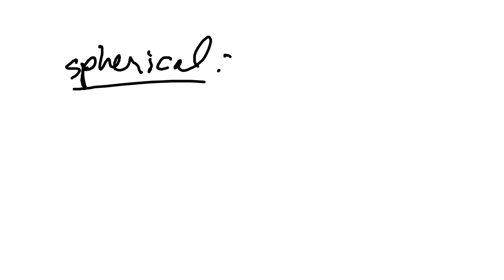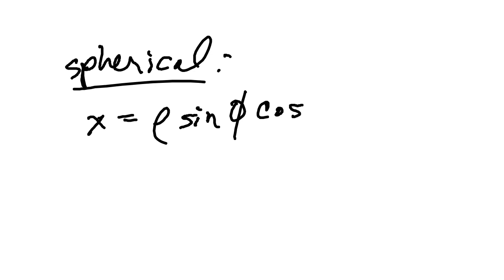All right, and I'm sure I'm running you thin on your stuff. So let's look at a couple of quick identities that we have in this section for spherical. So for spherical equations, what do we know? We have x equals rho sine phi cosine theta.